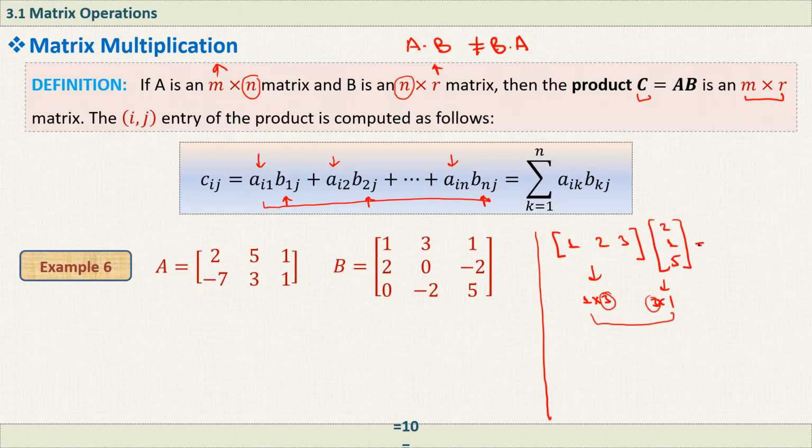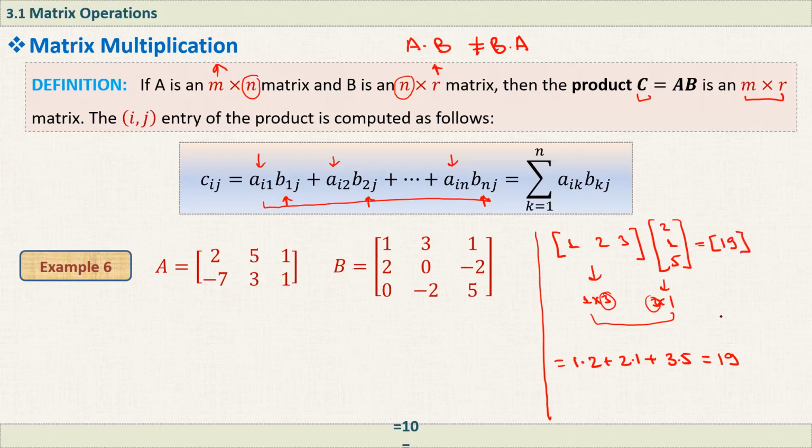To multiply, just multiply the first entry by the first entry, that is 1 times 2, the second entry by the second entry, 2 times 1, and the third entry by the third entry, 3 times 5. That is 2 plus 2 is 4, plus 15, which is equal to 19. So the resulting matrix will be 19.